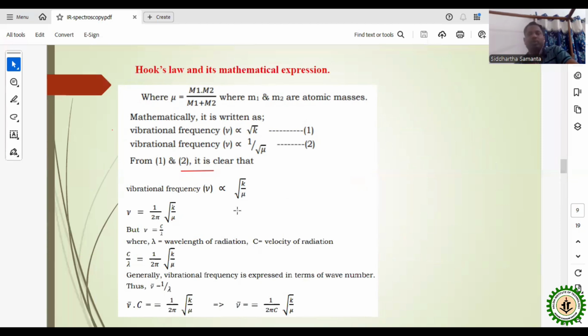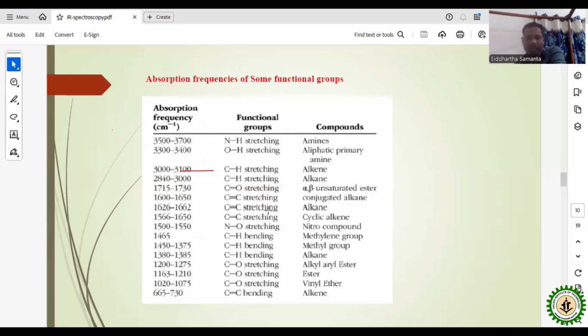From this Hooke's law, we discuss which type of stretching takes place and what energy is absorbed during this stretching. So there is some fundamental data on the absorption frequency of some functional groups. Here we see NH stretching and OH stretching in the range of 3000 to 3500 centimeter inverse.